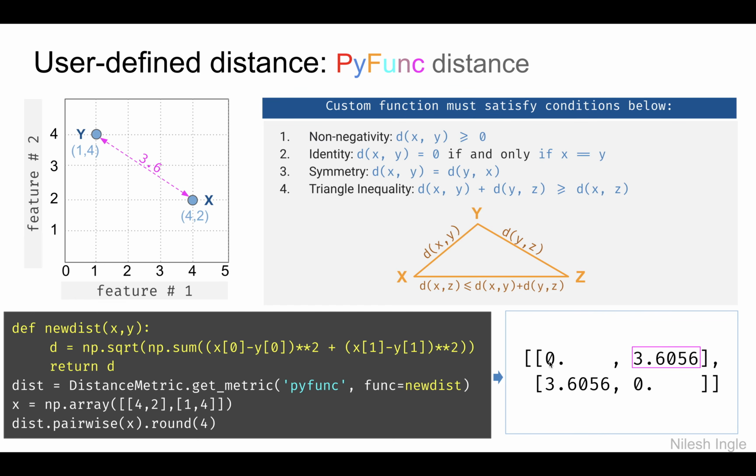For the same set of data points, we can get varying values for the distances based on what criteria we use to calculate the distance. And finally we looked at a custom function. If you have a custom way of calculating a distance, you can write that up in a function and call it using the distance metric method.